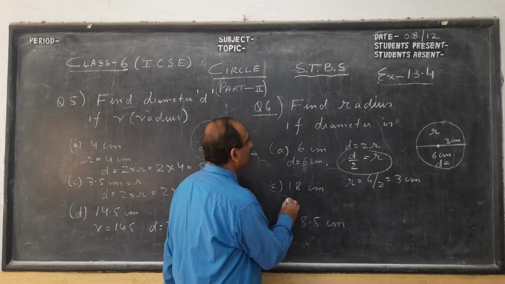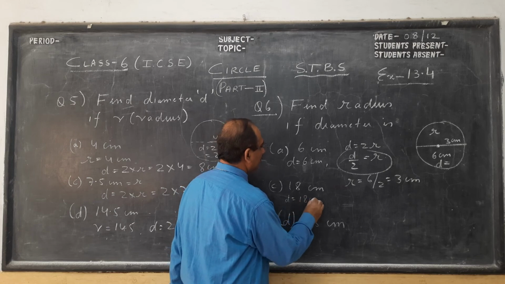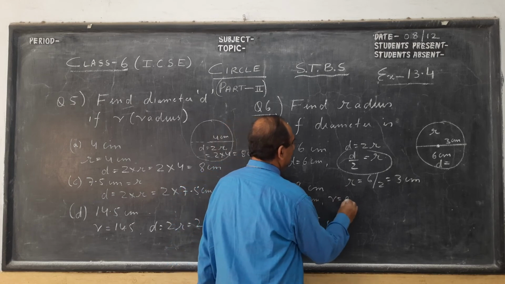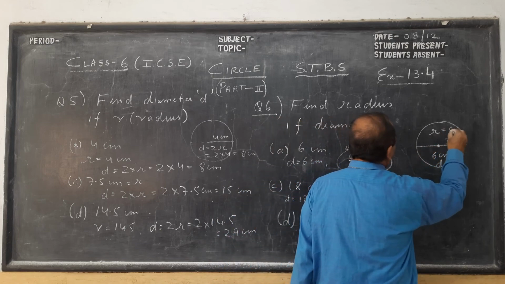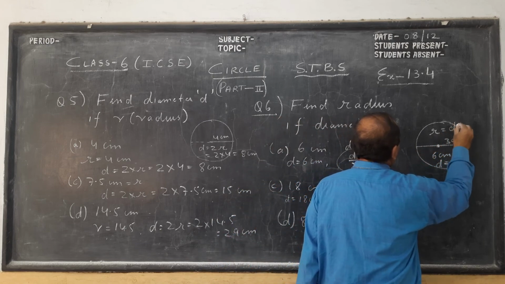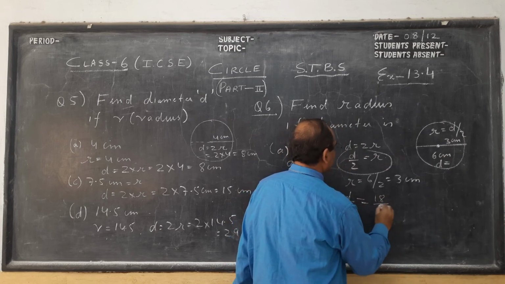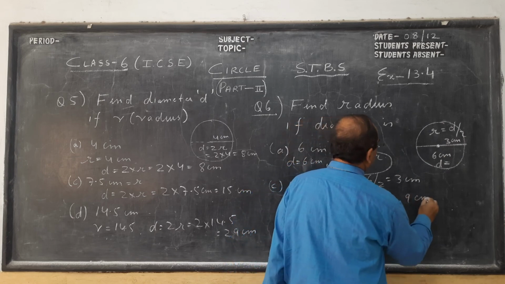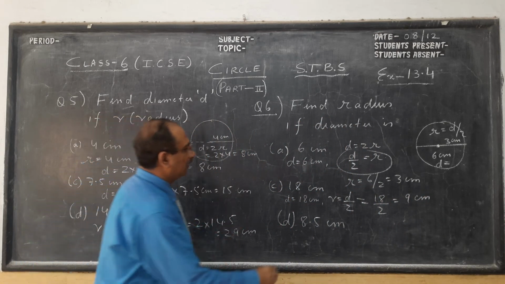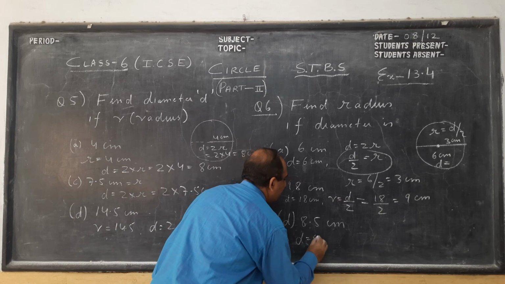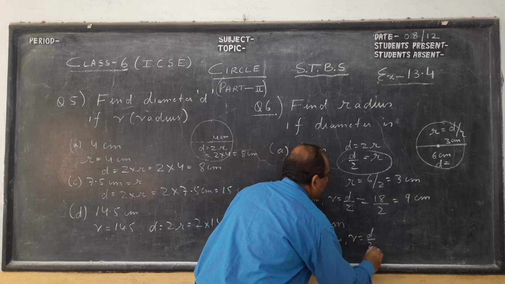In the same way, if your diameter is 18 centimeter, radius is D by 2, half of that, children. So here diameter is 18, so radius will be half of that, 9 centimeter. Then the last one, diameter is 8.5, so radius will be diameter by 2.